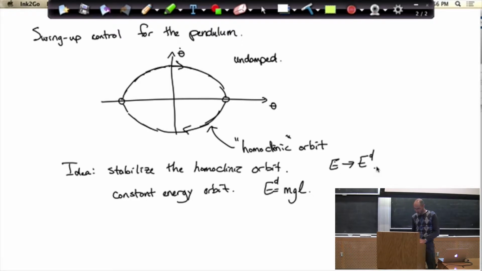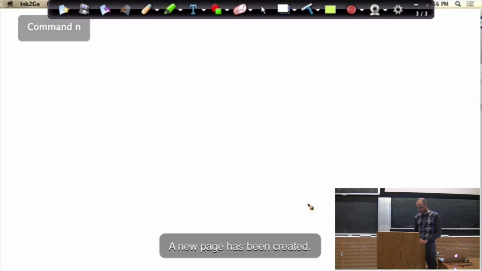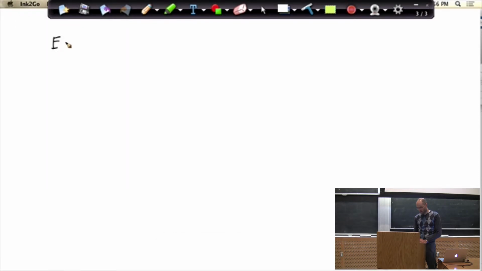I'm going to transition, so I'll give a pause. Okay, so the energy of the system. I'm going to need it in a second, so we'll just remember that ml squared theta double dot plus mgl sine theta equals 0. This was our original dynamics.